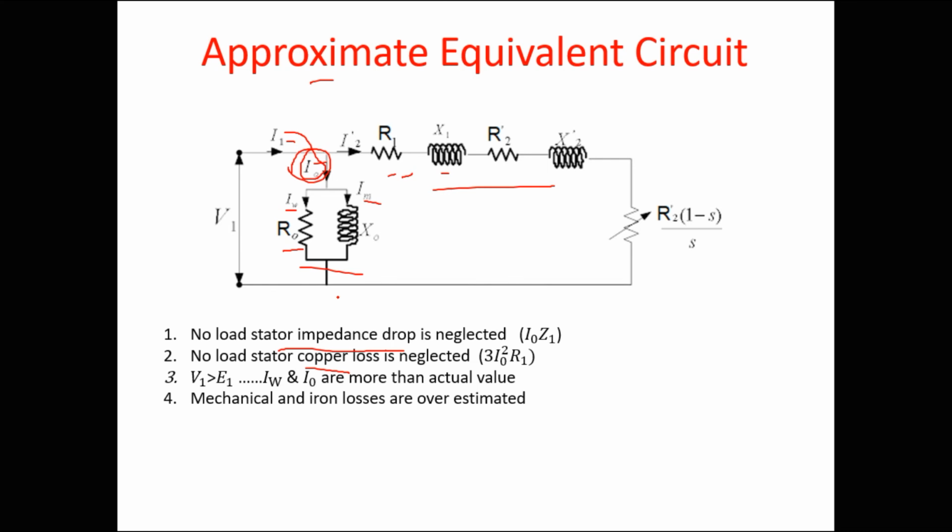And even though we have these disadvantages, we make use of this approximate equivalent circuit for understanding the performance behavior of various parameters while doing the no load test and blocked rotor test.